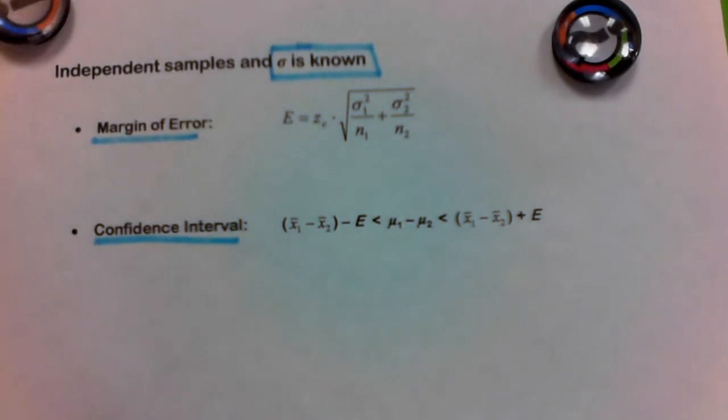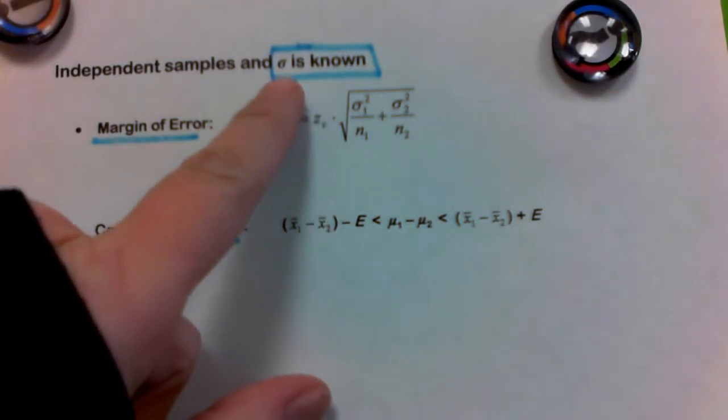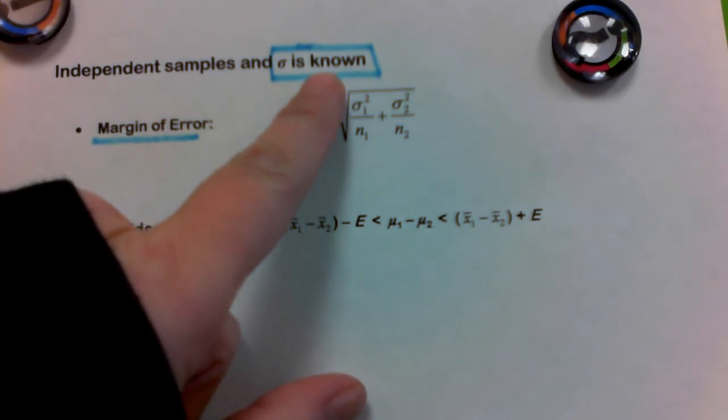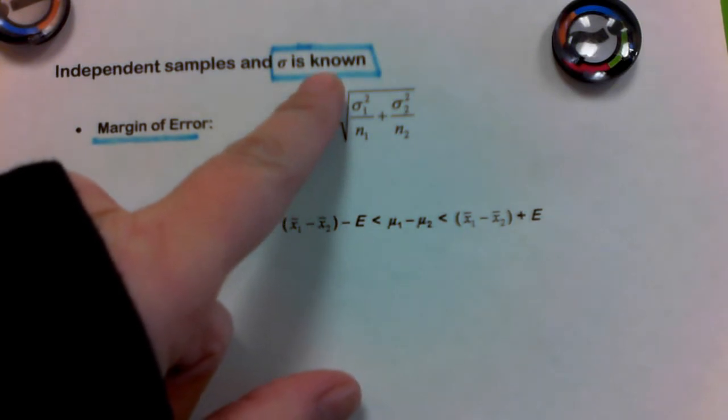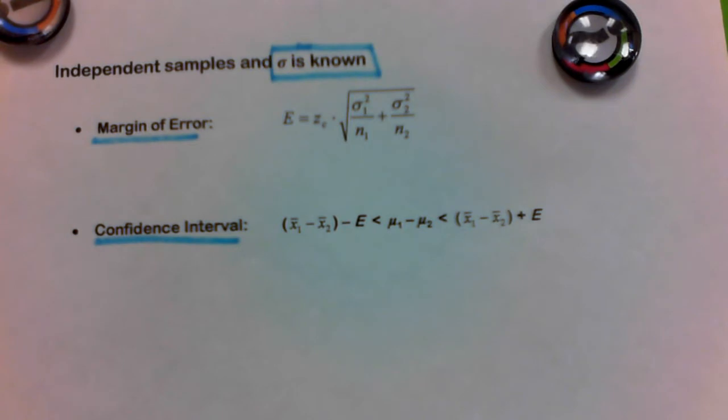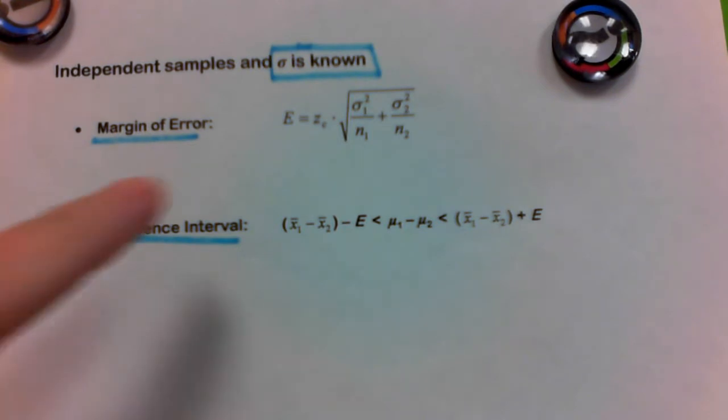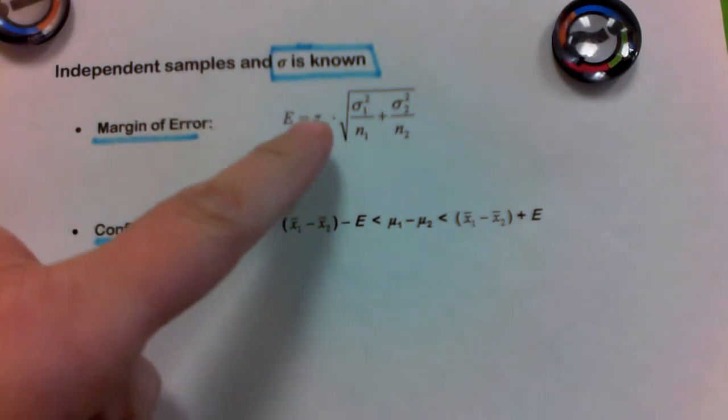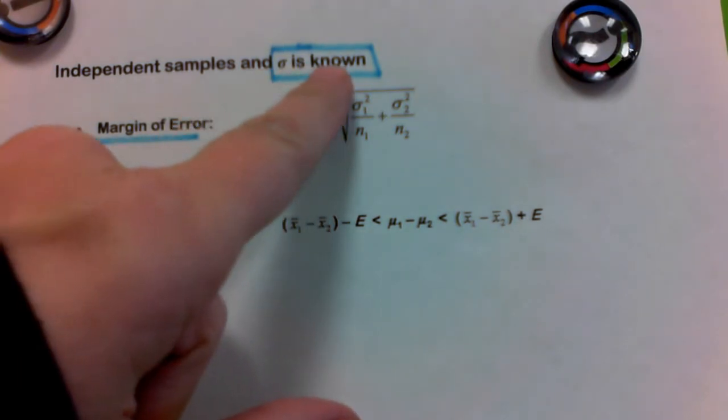Since we're estimating mu, just like in 7.1 and 7.2, what is significant to recognize is when sigma is given, because then we use z sub c, and when sigma is unknown, we use t sub c. We're first going to look at the formulas when sigma is known.